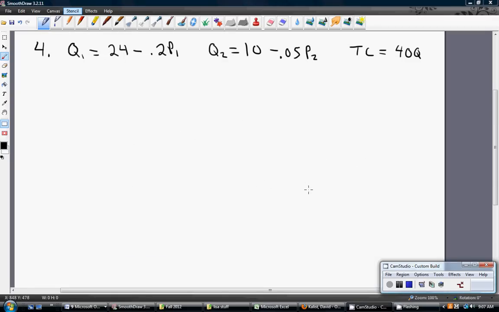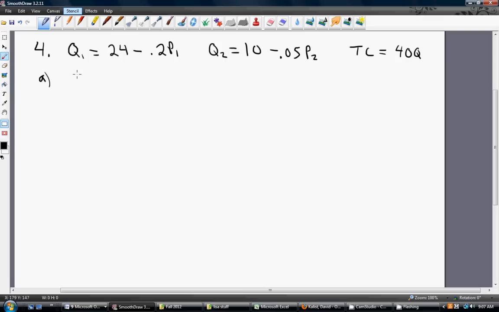Okay, the next question on your take-home quiz, problem number 4, deals with price discrimination. Part A, we're going to solve this problem assuming the firm doesn't price discriminate. So what we need here is the total market demand, calculated by summing up the individual market demands.